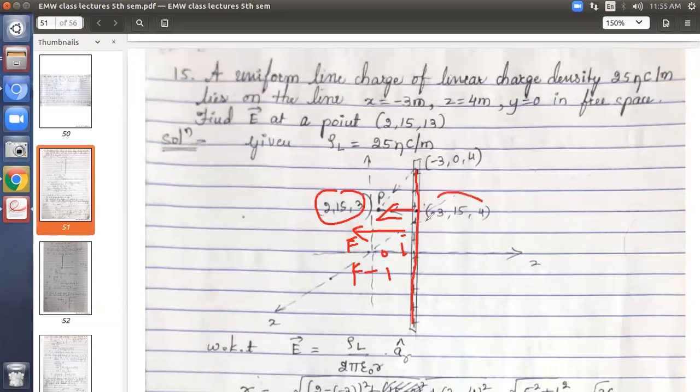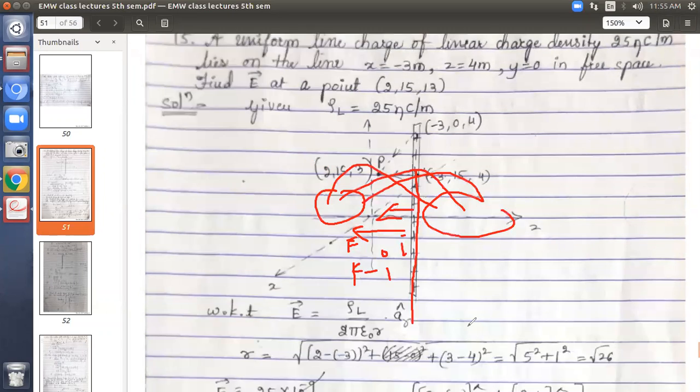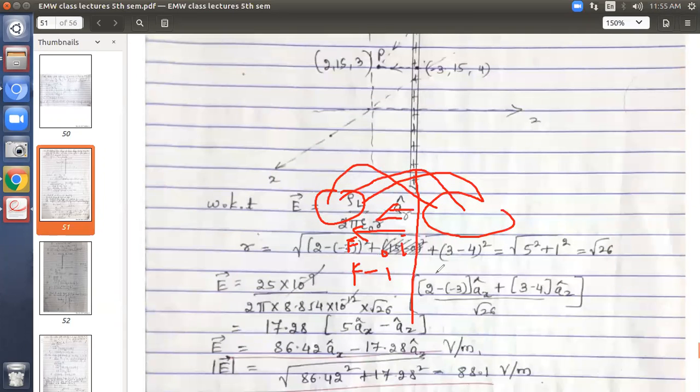Okay, initial is this. So 2 minus of minus 3, 15 minus 15, 3 minus 4. You have to take this for AR. So take that 2 minus of minus 3 into AX. I have not written AY because 15 minus 15 will go, and AZ is 3 minus 4, divided by the magnitude.